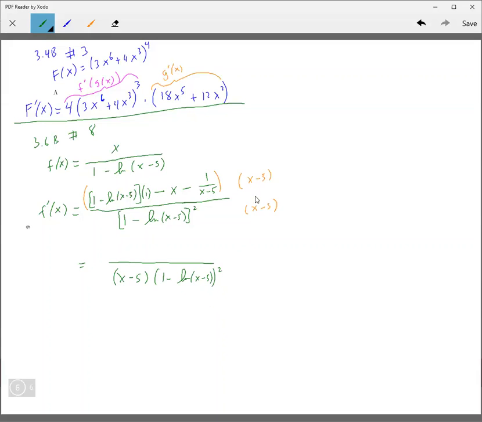And the numerator is going to be, okay, so if you multiply this times x minus 5, then this times this is going to give you x minus x squared plus 5x, and then this times this is going to be minus 1.